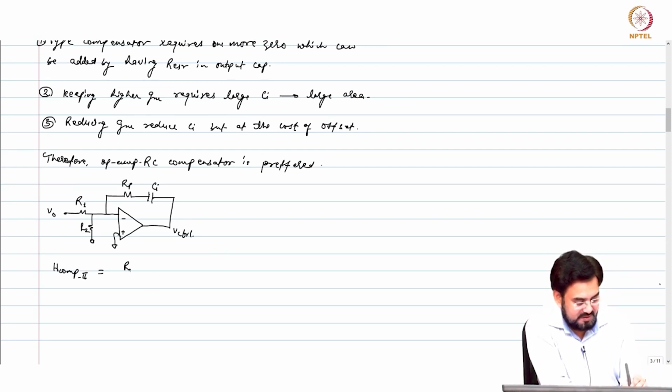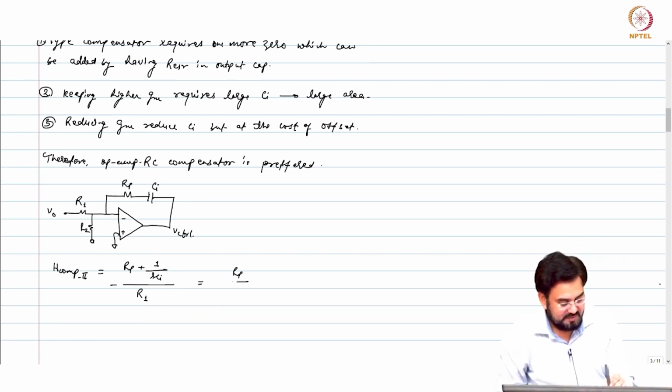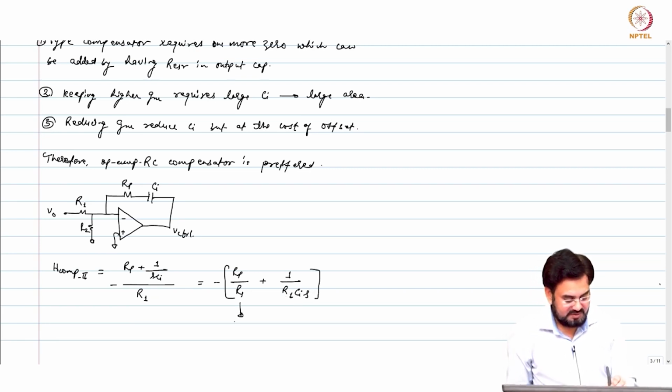So it should be RP plus 1 over SCI, minus, which is nothing but RP over R1 plus 1 over, so this is your Kp and this is your Ki.